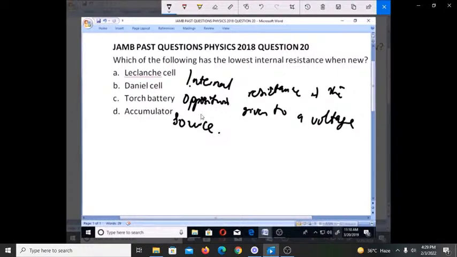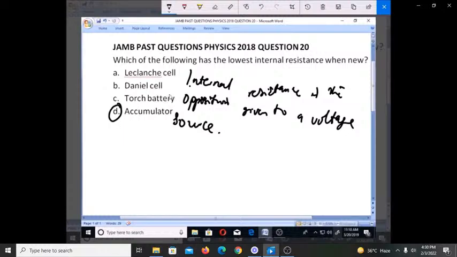Now, in order for you to pick out the internal resistance, you're going to ask yourself which of these cells, batteries, or charge sources produces the highest charge. You find out that that is likely to be the one that has the least internal resistance. And from there, you know that the accumulator is the charge source that produces very high voltage for a very long time.